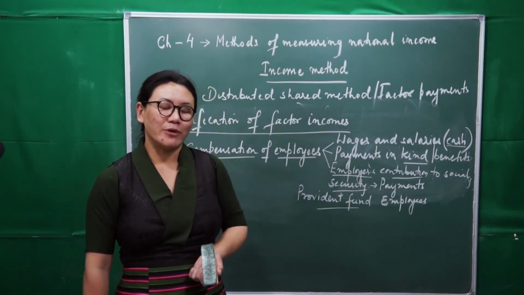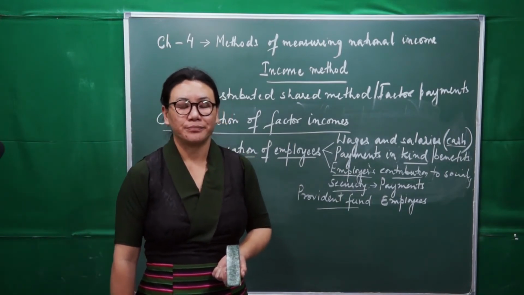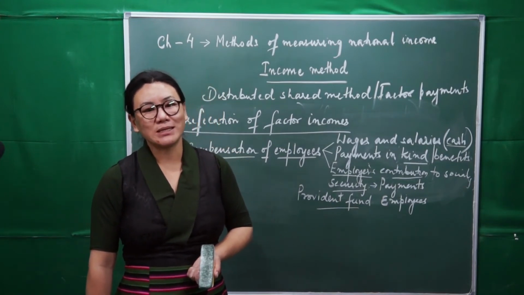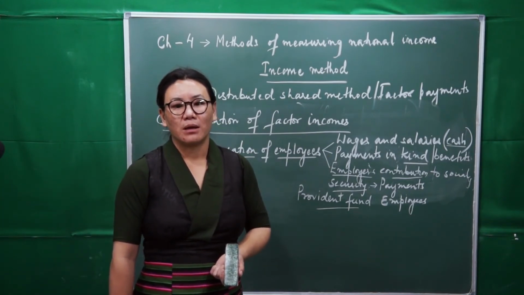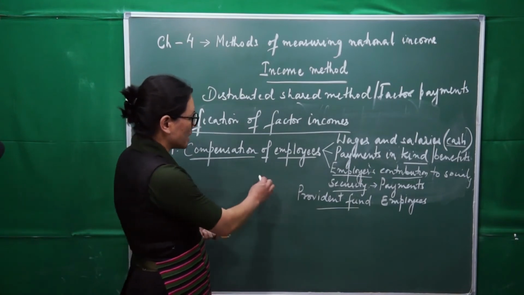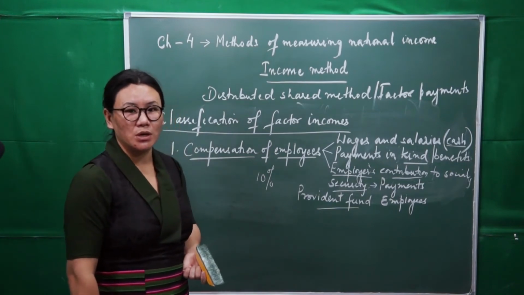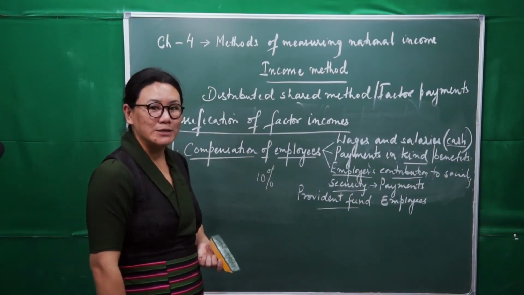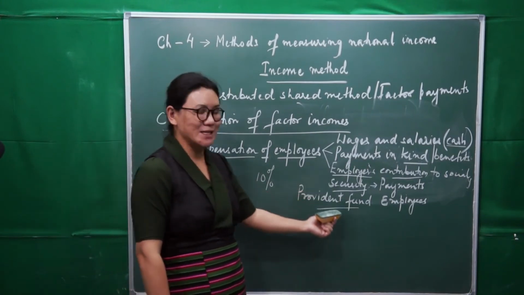Now, I'll give you one very simple example of this. I'll take my own example here. I am a salaried person, right? I get salary. And from this salary, I will be, say for example, making payment of 10%. Or I will say, from the total salary of mine, I will be contributing 10% towards it.